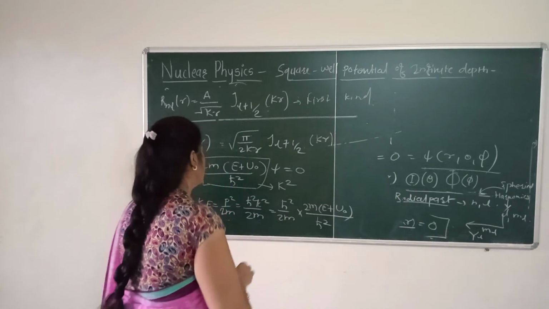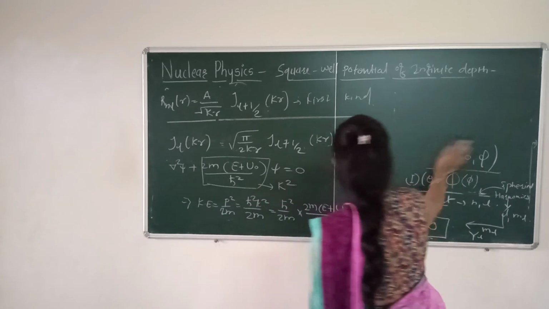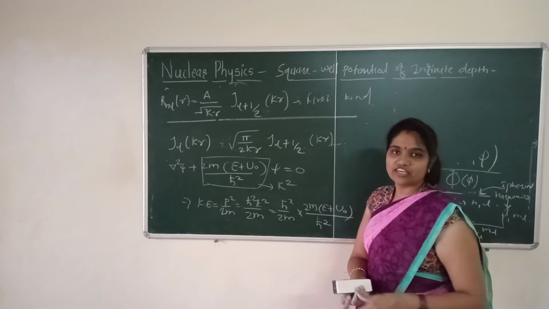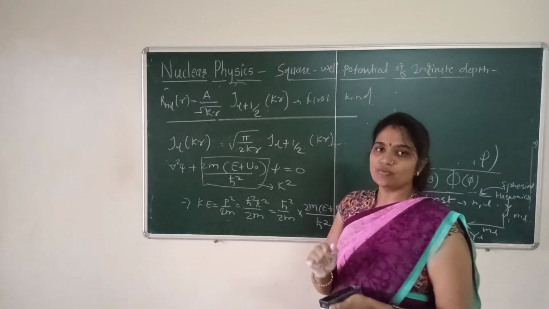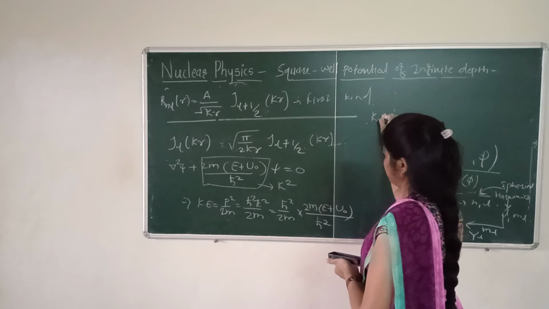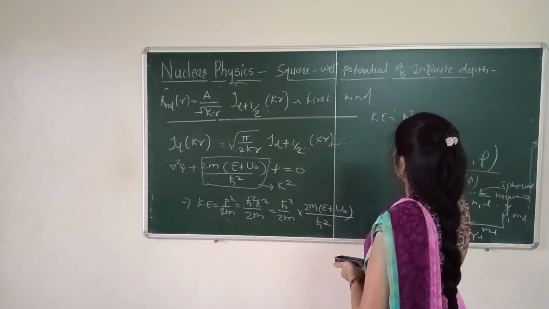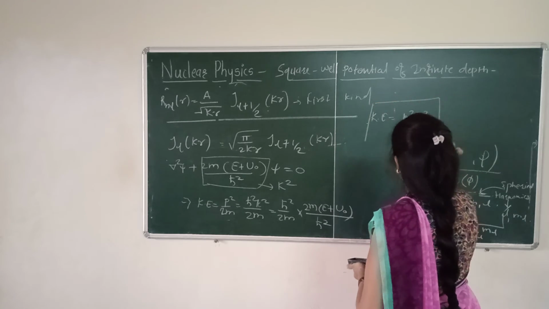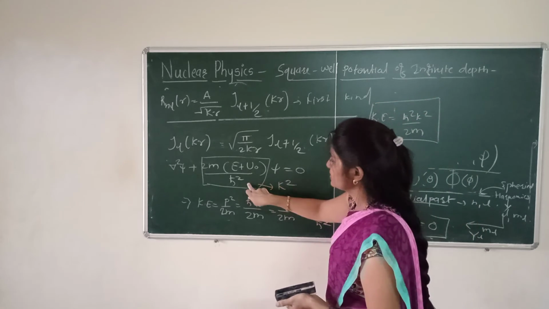Understand, students? Or you can simply say that our kinetic energy of that nucleus which is revolving in the spherical potential of that nucleus is nothing but h cross square K square divided by 2m, where K square is this term.